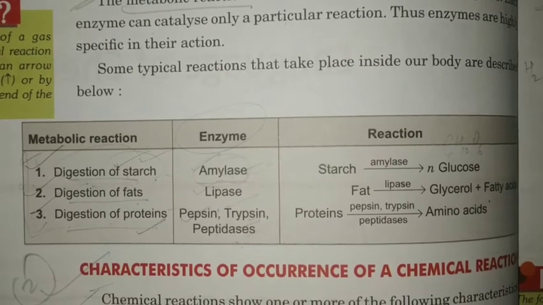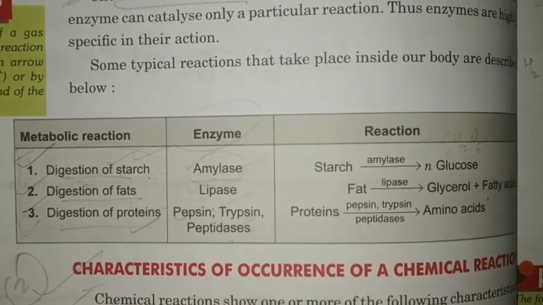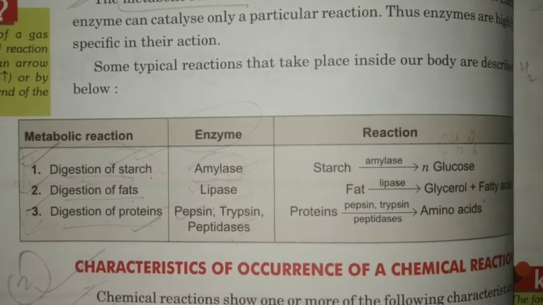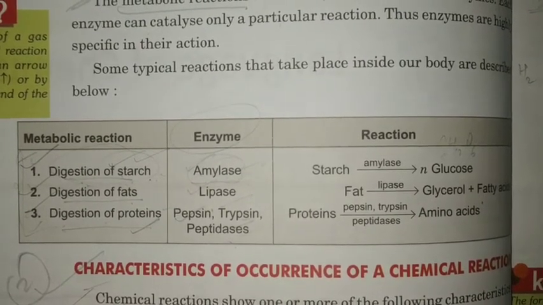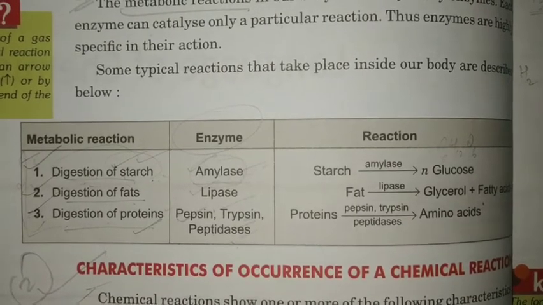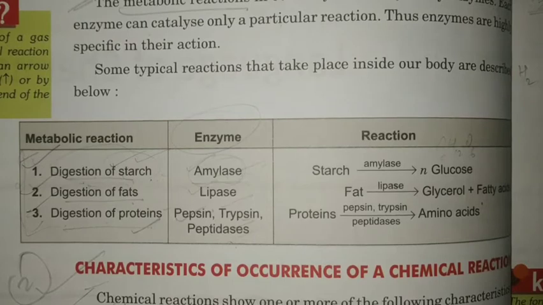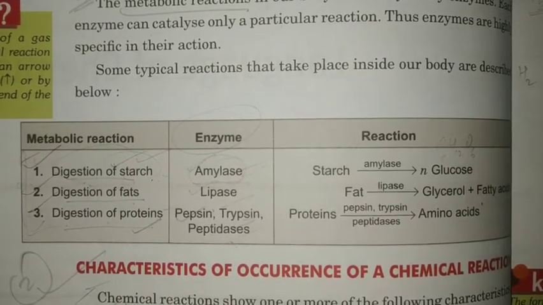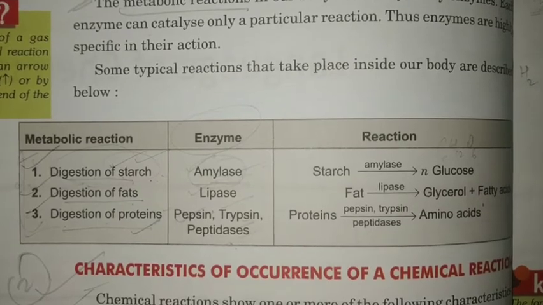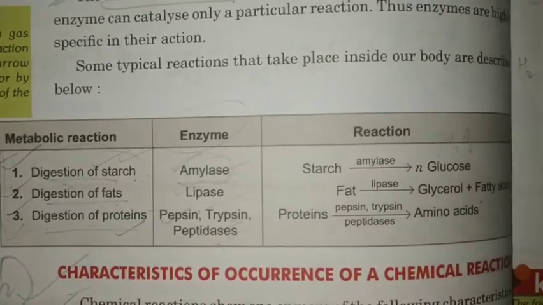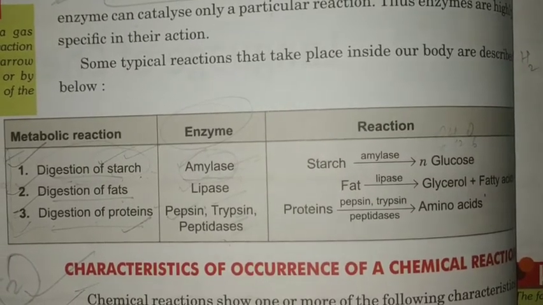First, digestion of starch. This metabolic reaction is catalyzed by a specific enzyme named amylase. So in the presence of the enzyme amylase, digestion of starch occurs. The second one, in the presence of lipase, is digestion of fats. You can see that fat in the presence of lipase forms glycerol plus fatty acid.